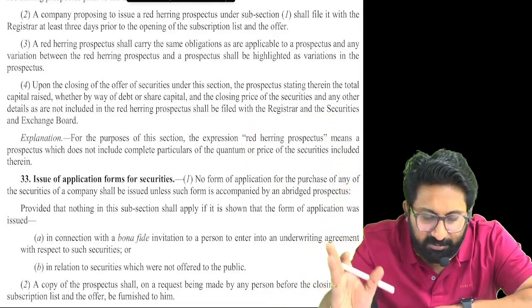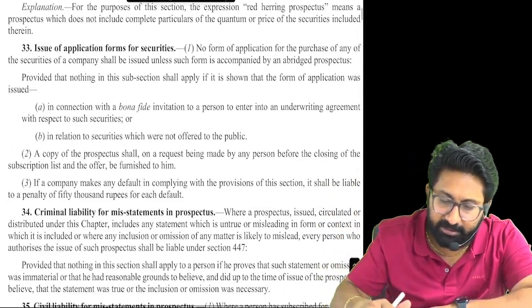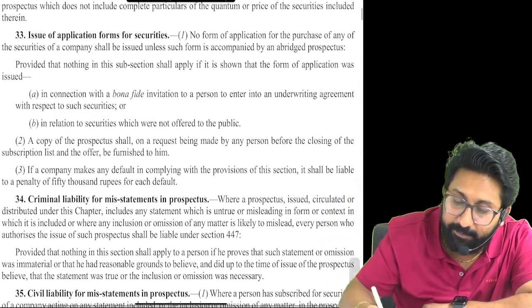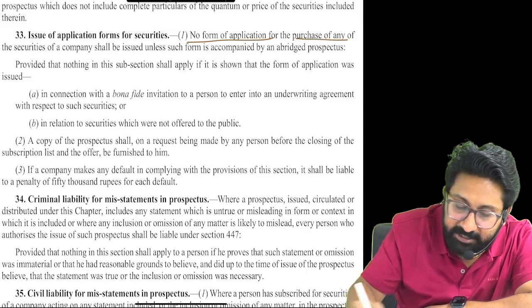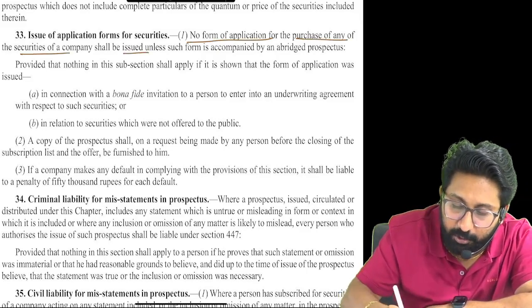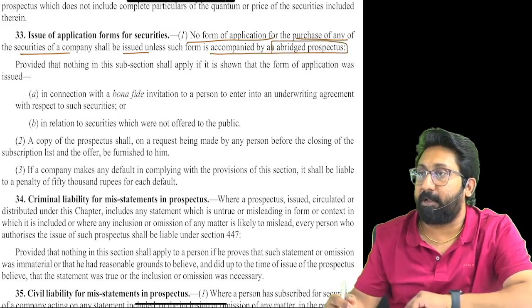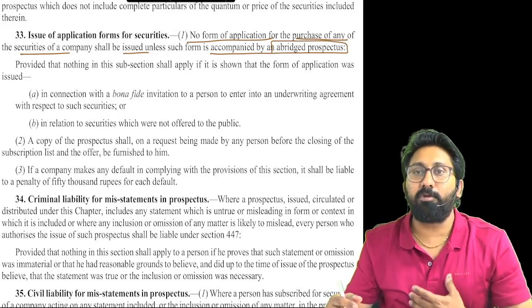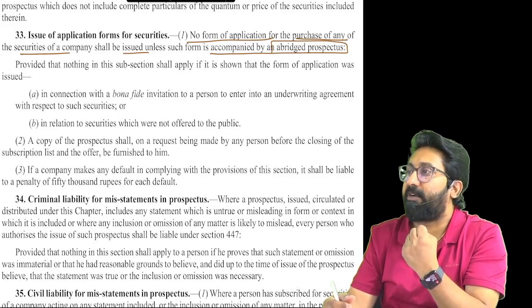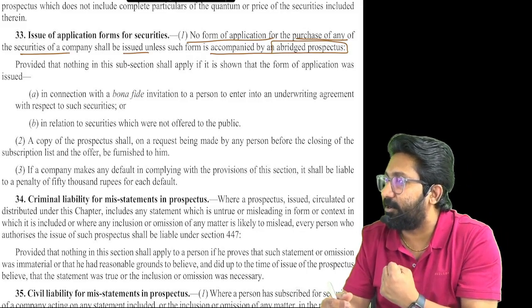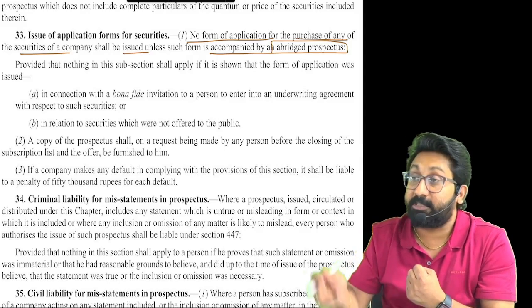So did you understand what I said now? Read this. No form of application for purchase of any securities of a company shall be issued unless such form is accompanied by an abridged prospectus. That means, can you accept money through the application form without attaching it to a prospectus? No. Which prospectus again?